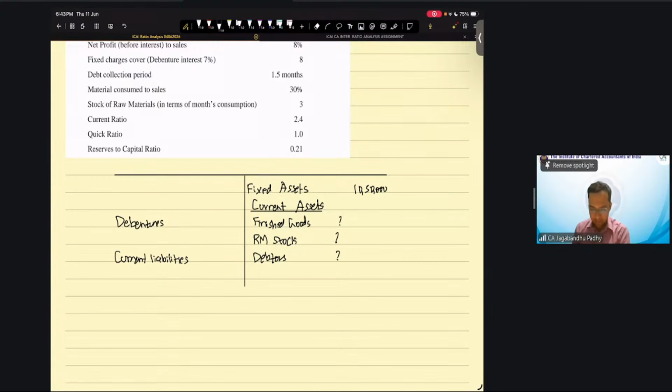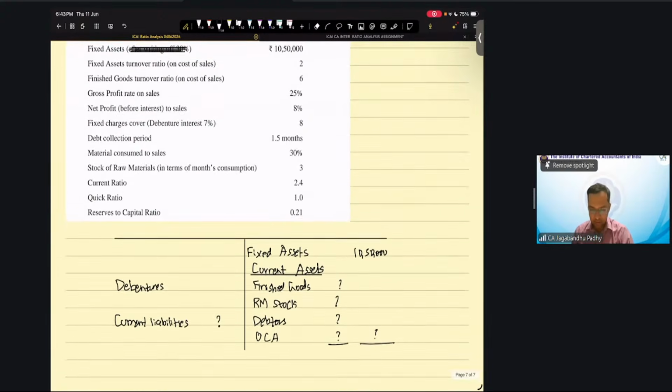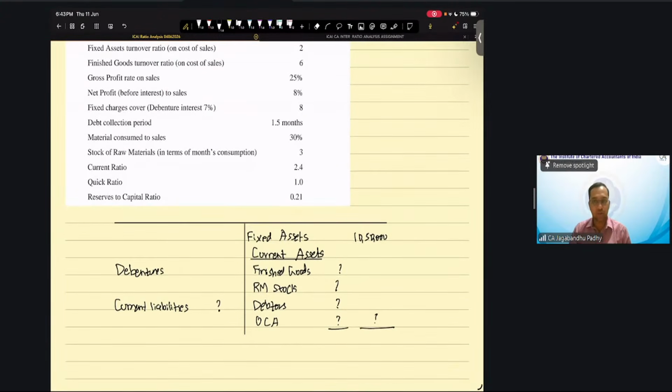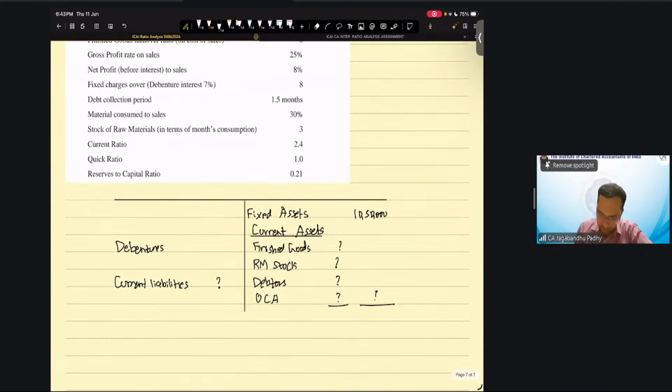So current liabilities need to be computed. Maybe over here we'll have other current assets, and then the total of current liabilities or current assets needs to be computed. And then we have the reserves to capital ratio. So reserves to capital ratio means we will have equity share capital and reserves also to be calculated.